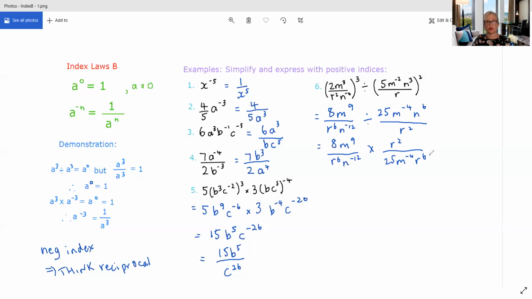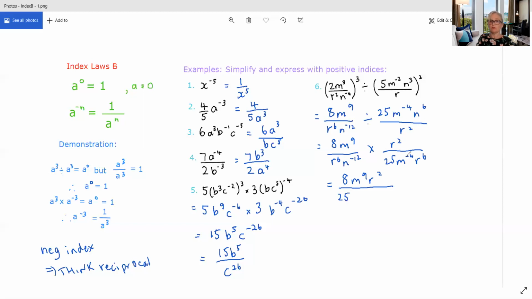All right, don't try to do too many things at once. Okay, let's tidy up our numerator and tidy up our denominator and then see what we've got. Our numerator will end up with 8m to the 9r squared. Our denominator will end up with 25.